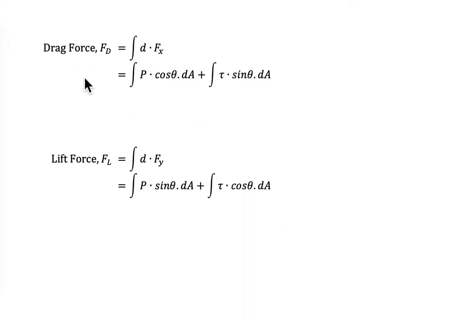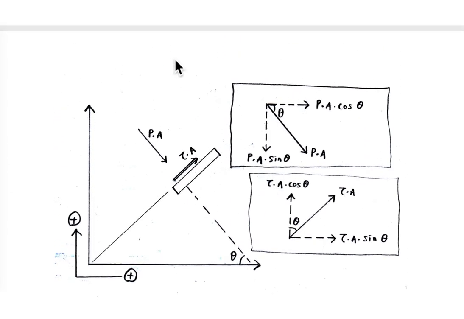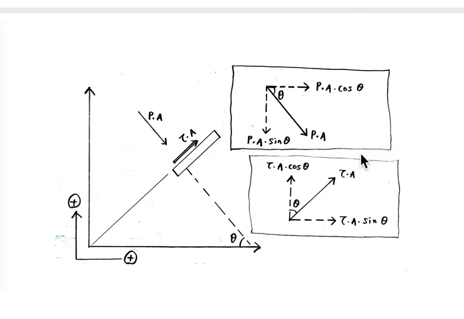Then we could conclude that drag force, normally written as Fd here, is the sum of forces that act on the X axis. From the diagram here, for the X axis it is P A cos theta and tau A sin theta.